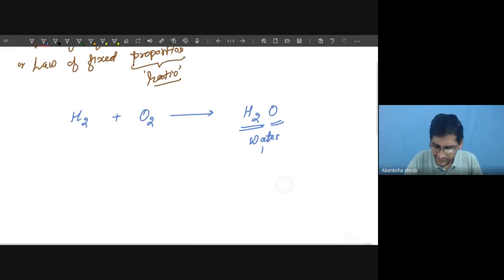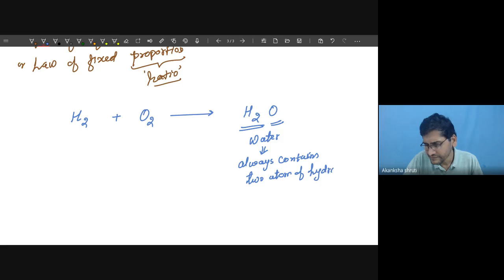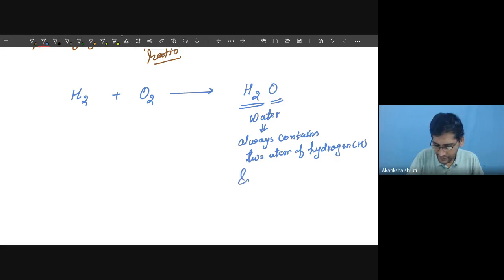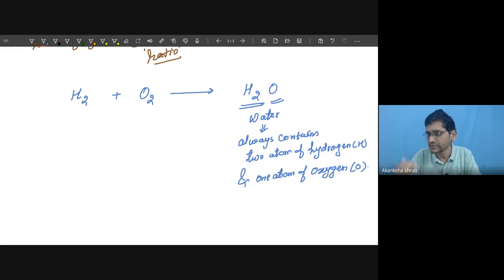So this water always contains two atoms of hydrogen, which is denoted by H. Here this 2, which is in the suffix, represents the two atoms, and one atom of oxygen, denoted by O. Though hydrogen itself exists as H2, it is the two atoms.